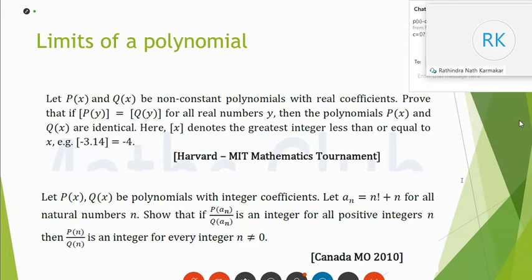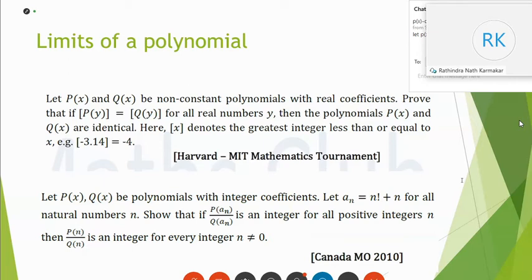Let us assume it is a positive constant; for a negative one it will be similar. If p of x minus q of x is a positive constant, then I want to show that the floor of p of y will not be equal to the floor of q of y for some y.